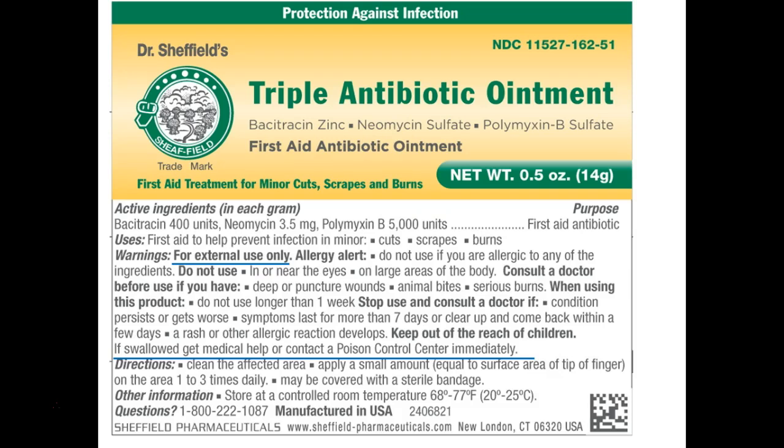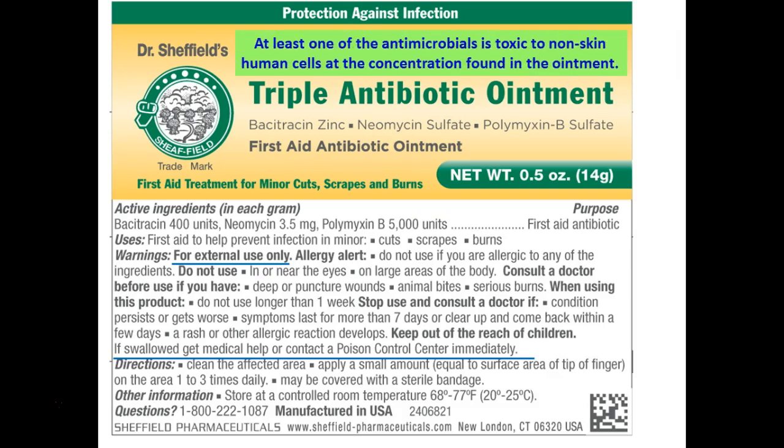We're not talking about a pot of water on your entire arm. That's an emergency room visit, no doubt. So, and at least one of the antimicrobials is toxic to non-skin cells in the concentrations found in the ointment.